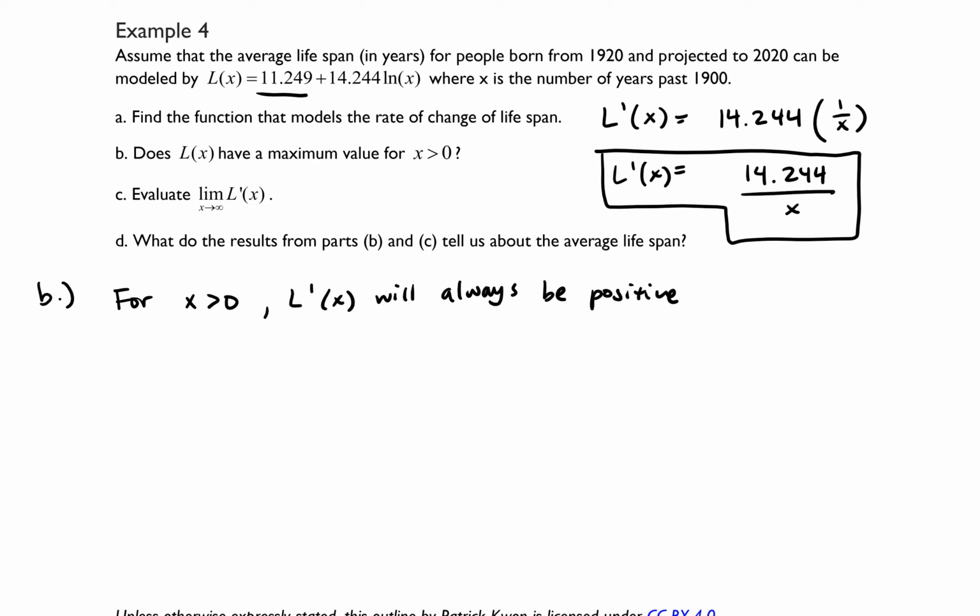Let me just explain that really quickly. The numerator of our derivative is 14.244, which is a positive number. And so if you plug in any number greater than 0 for x, then a positive number divided by a positive number will be a positive number. So again, L prime of x will always be positive.